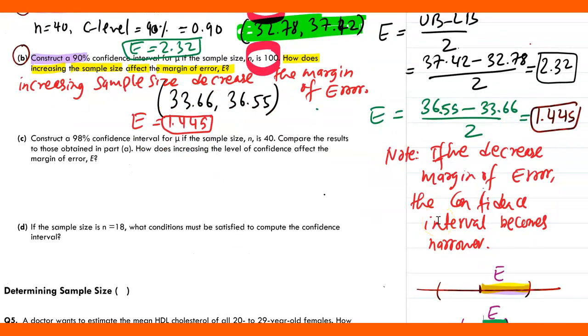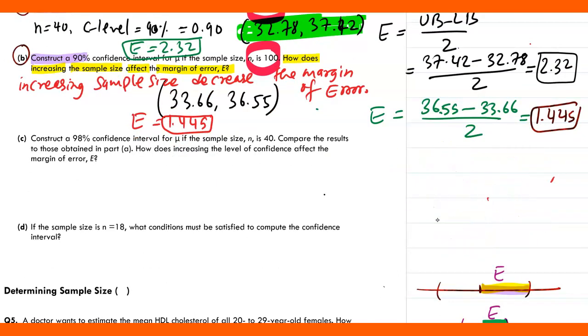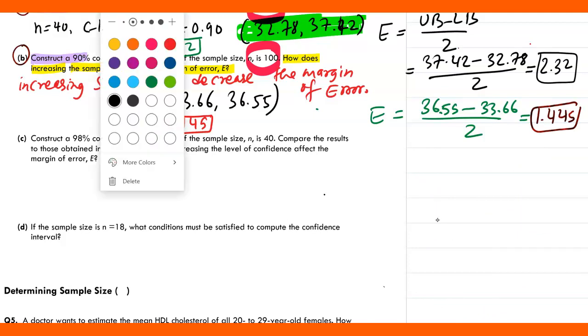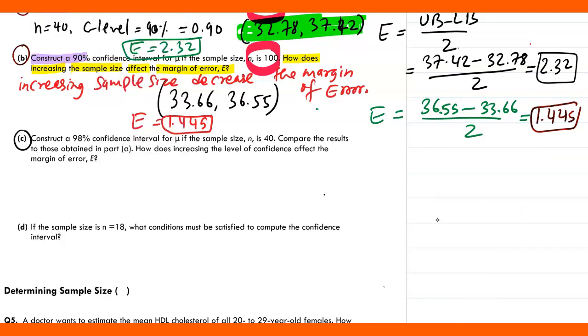Okay, question number C. I'll just erase this one. Part C. Construct a 98% confidence interval for mu if the sample size is 40. You do exactly the same as before, but you choose sample size 40 and interval 98%.